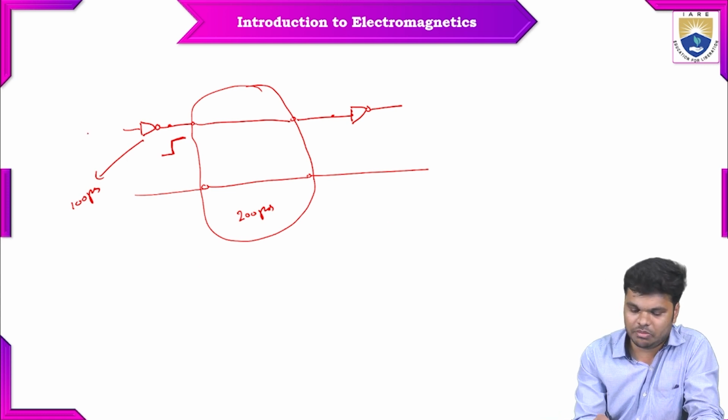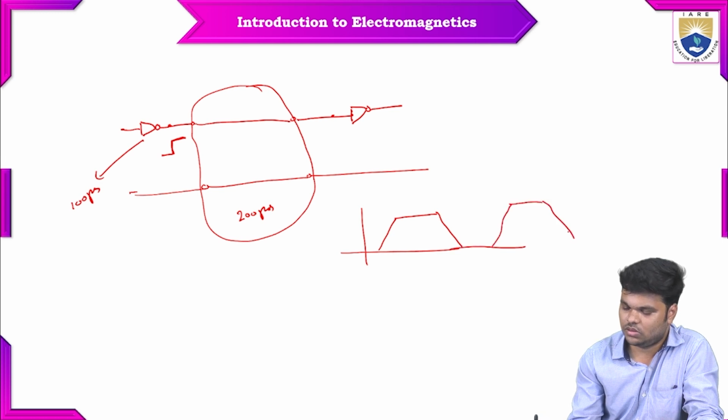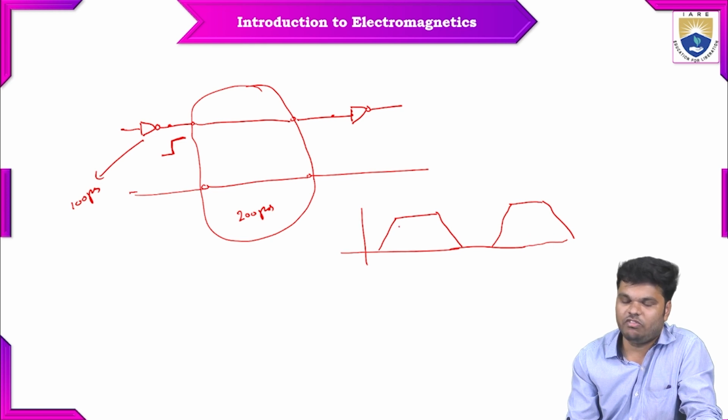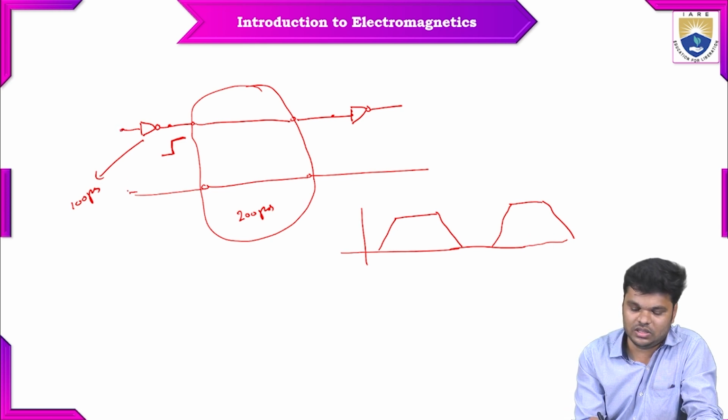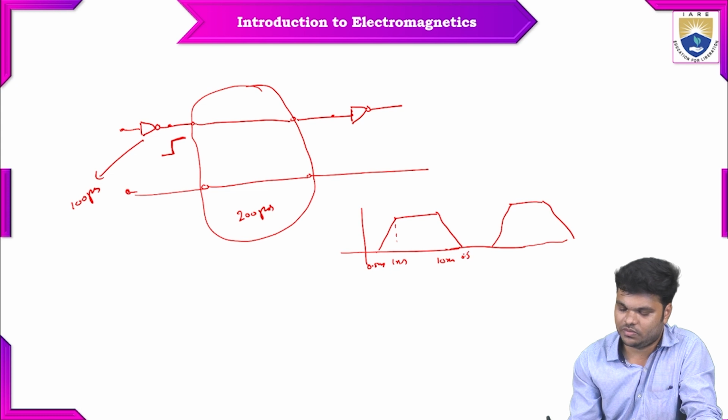Suppose the input waveform at these two terminals is like this, where these points are 0.95 nanoseconds, 1 nanosecond, and 10 nanoseconds and 10.9.